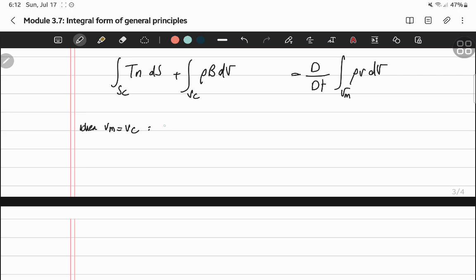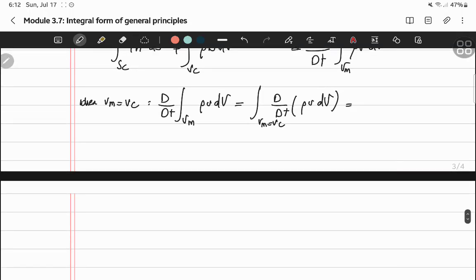So we'll have d/dt of rho v dV over Vm is equal to the integral over Vm of d/dt of rho v dV. And this is when Vm is equal to Vc. So this changed to Vc.